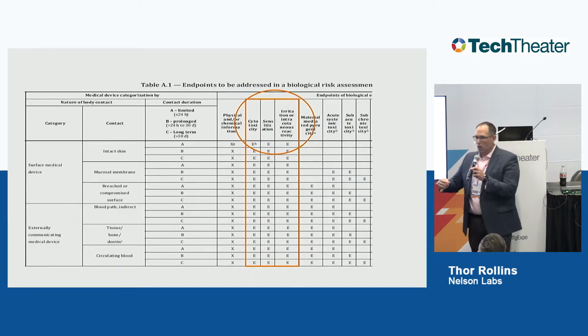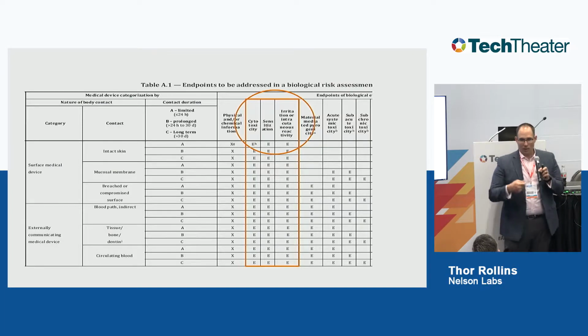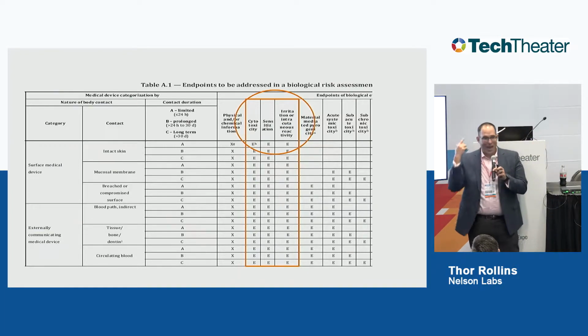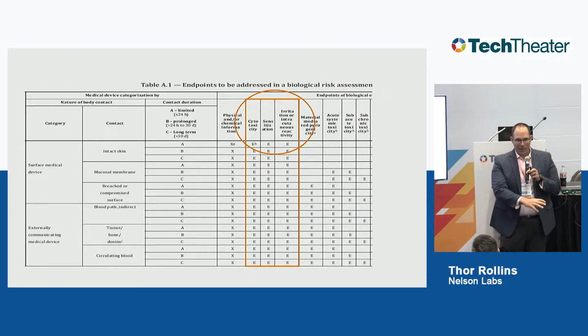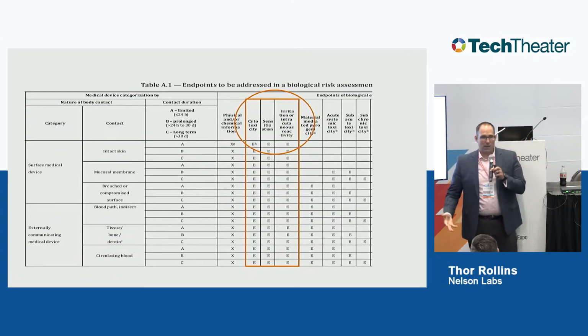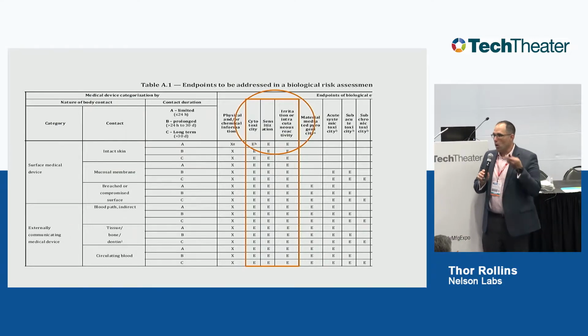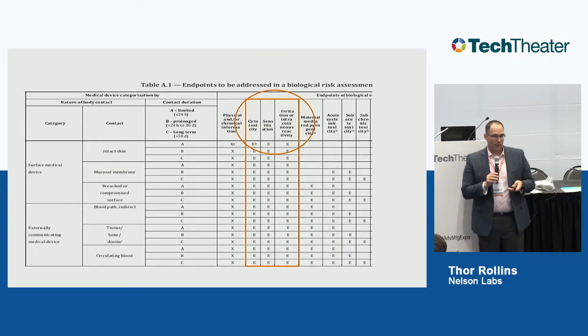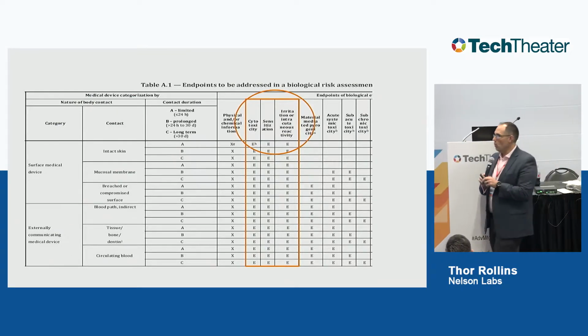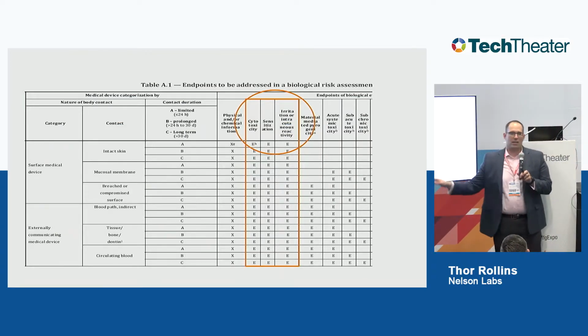So no matter if you're a little Band-Aid that sticks on or even a surgical mask to a brain implant, these 3 endpoints have to be evaluated, okay? So they are by far the most tests we do as a medical device lab. We do more of these 3 tests than any other test, I mean, by far, okay?